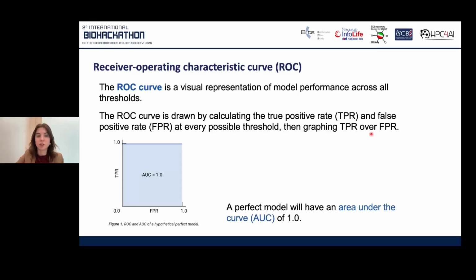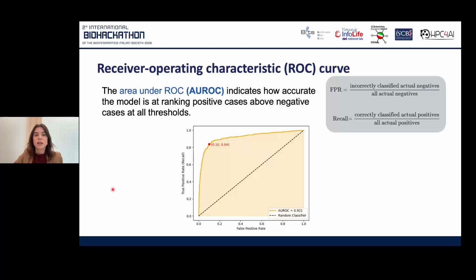So a perfect model will have an area under the curve of 1, like in this case. This AUROC, the area under this curve, indicates how accurate the model is at ranking positive cases above negative cases at all possible thresholds.